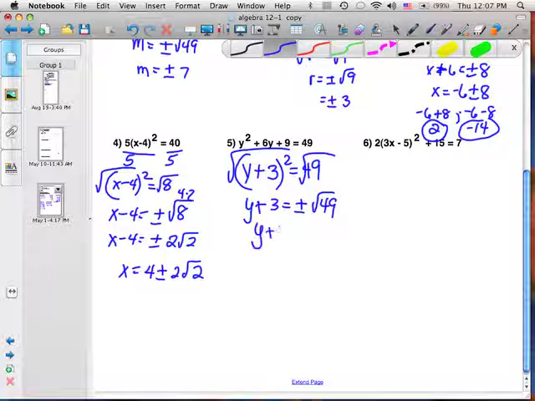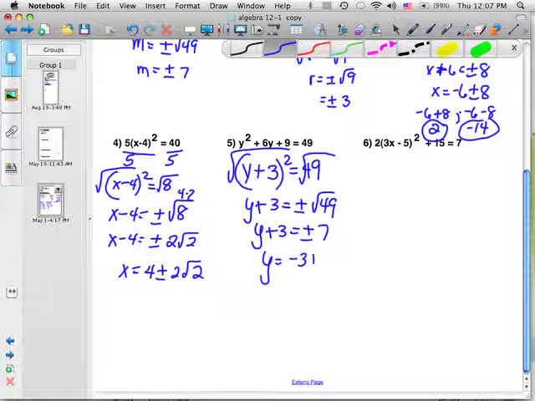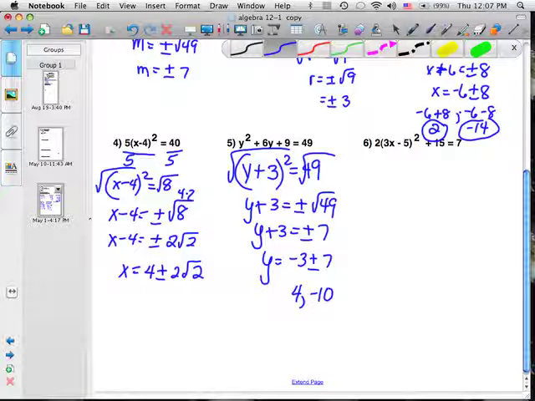So y plus 3 equals plus or minus 7. So y, subtract 3 from both sides, equals negative 3 plus or minus 7. Negative 3 plus 7 is 4, and negative 3 minus 7 is negative 10. And if you put those back in, they'll both give you 7s, and squaring them will work.